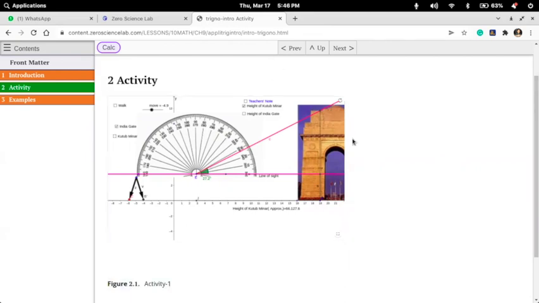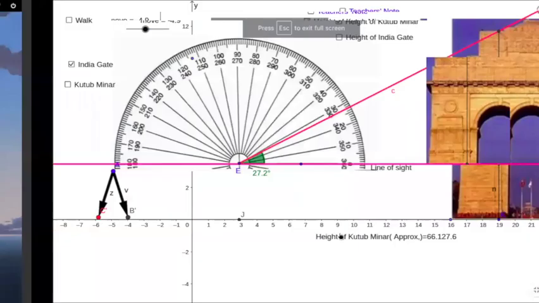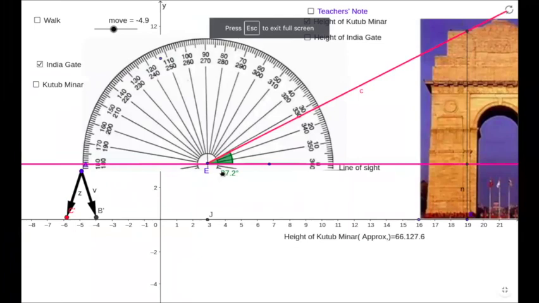Yes, sir. It is because the full screen is giving some trouble. So I'll try. Is it okay now?